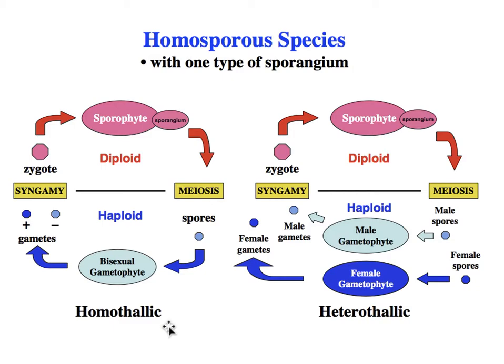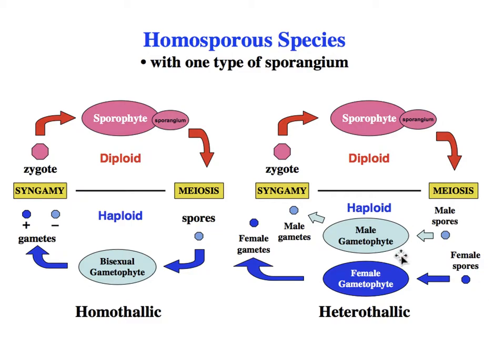On the other hand, we're talking homosporous here. So again, it's one type of sporangium that produces spores by meiosis. But look at this. Based upon the genetics, it makes two different types of spores, a so-called male spore and a so-called female spore, or a microspore and megaspore, respectively.